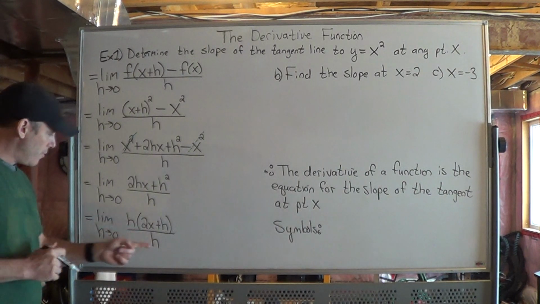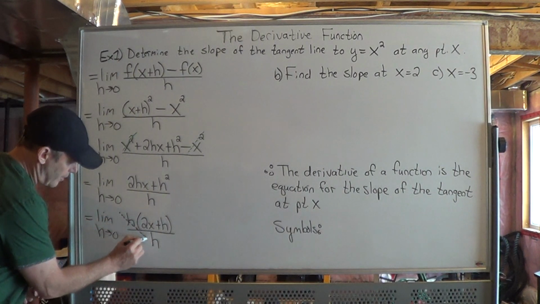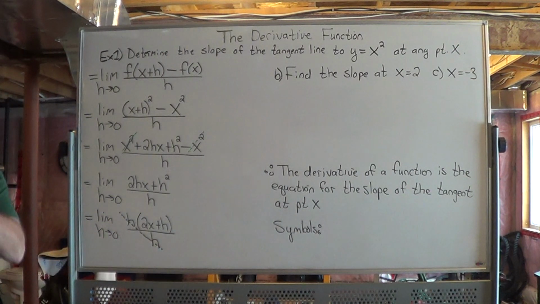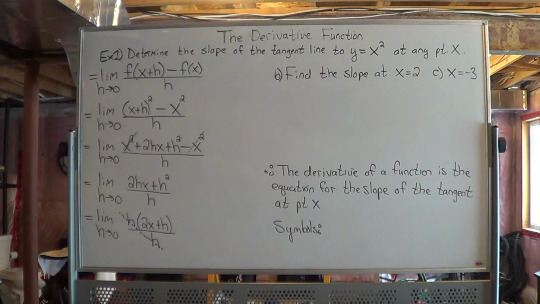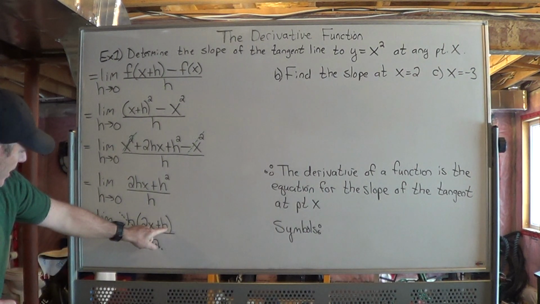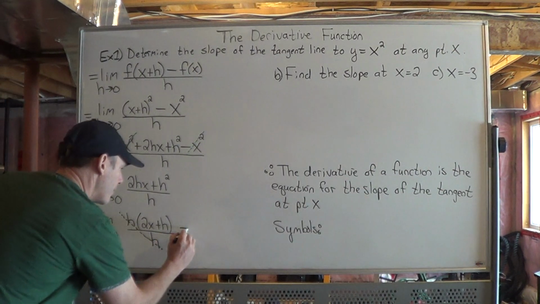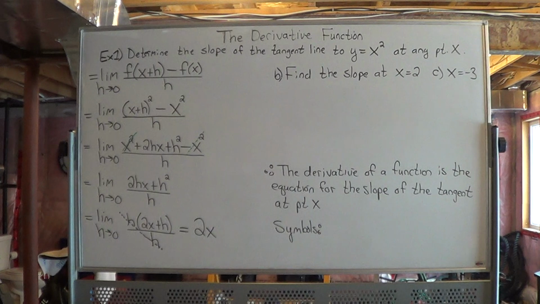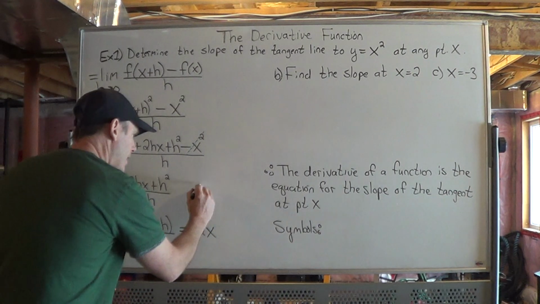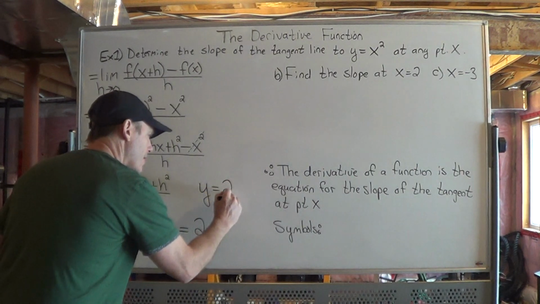Now, the h in the numerator and the h in the denominator, of course, will divide each other out, which now means that I'm going to be able to sub in h equals 0 into my limit, because now my denominator wouldn't be 0. And, well, that makes that h 0, and I'm just left with 2x.